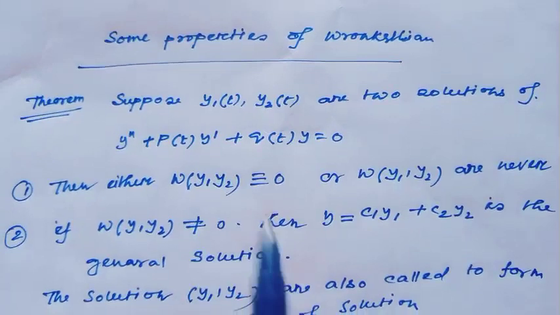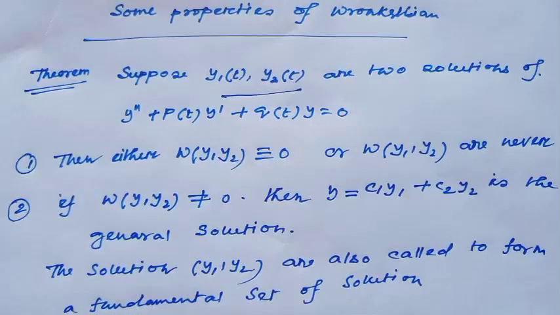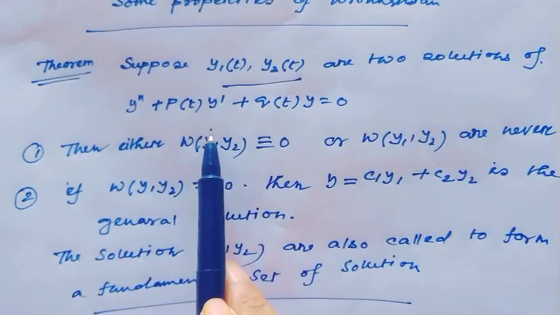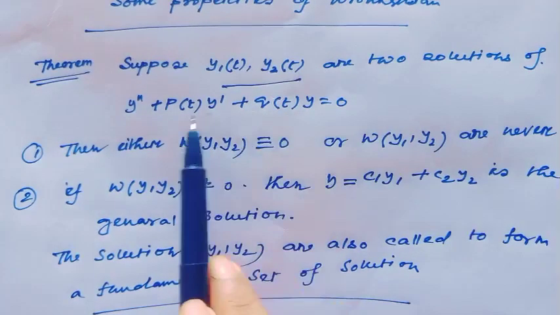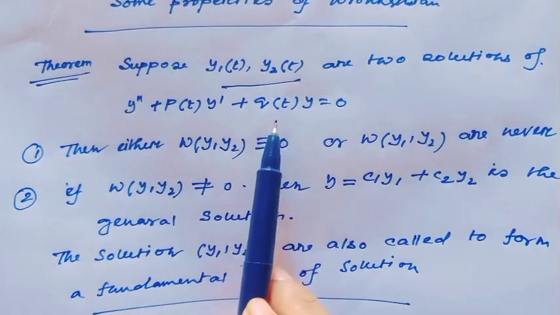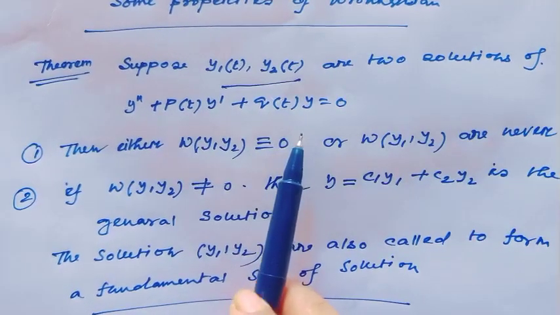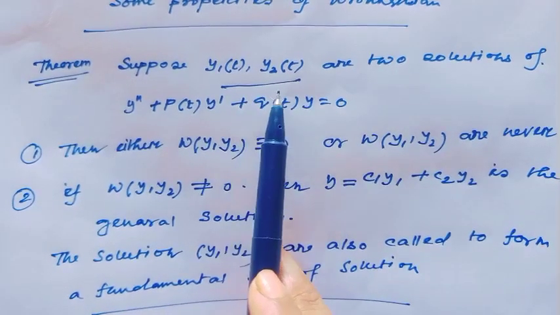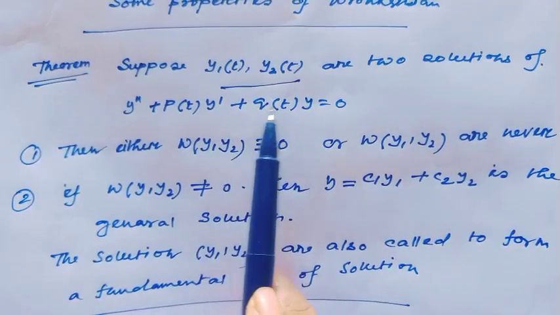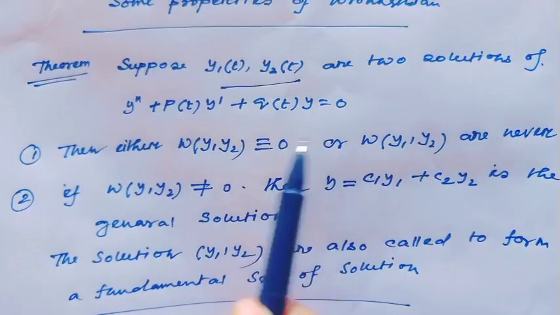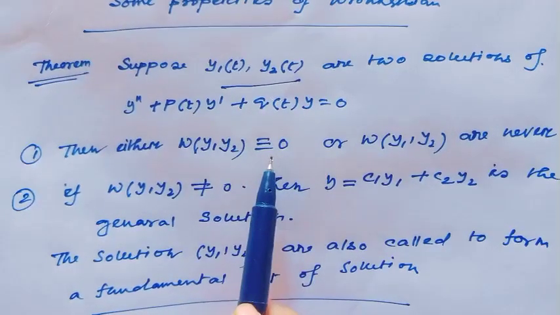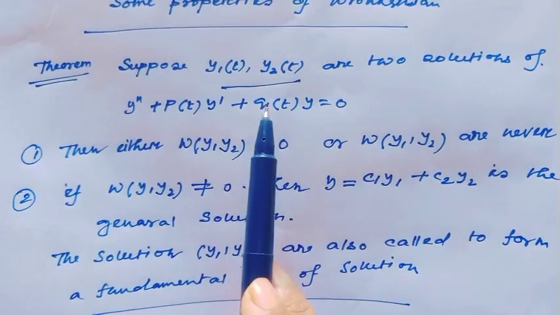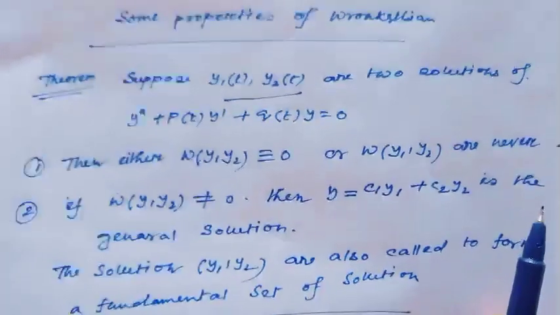Suppose y1(t) and y2(t) are two solutions of the second order differential equation y'' + p(t)y' + q(t)y = 0, where p(t) and q(t) are obviously continuous functions on the interval I. Then for this second order differential equation, if y1 and y2 are solutions, then either the Wronskian of y1, y2 is identically 0, meaning the solutions y1, y2 are linearly dependent, or the Wronskian of y1, y2 is never 0.